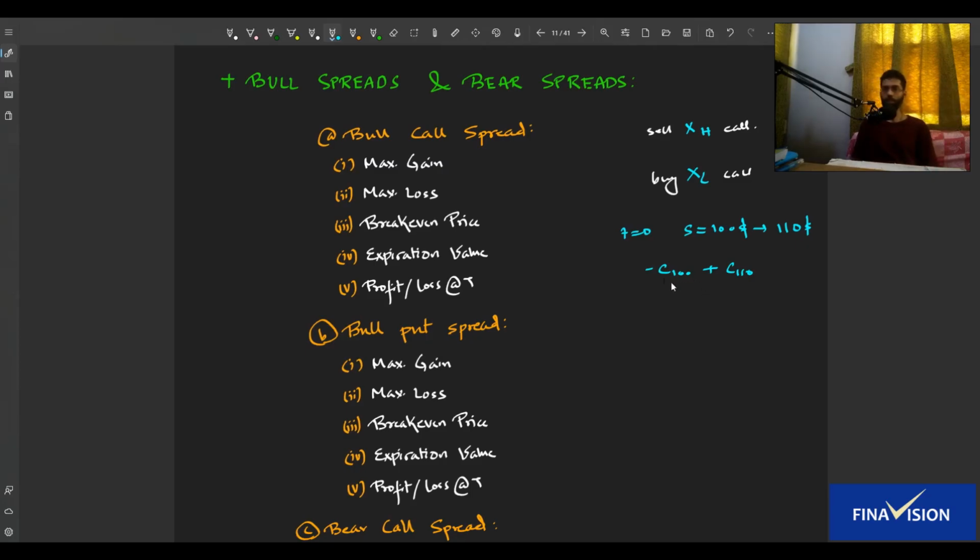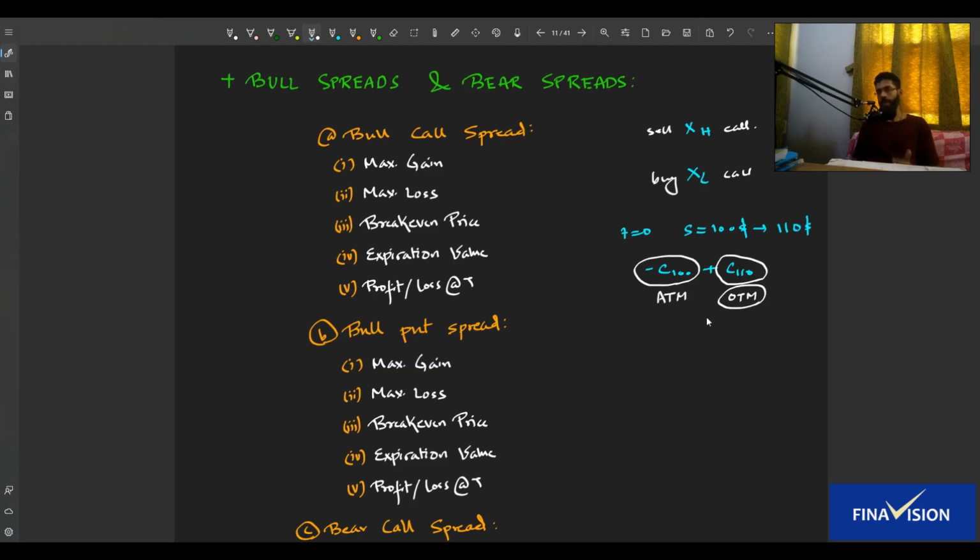So this is the initial cash flow, right? You have bought the call at 100 strike, so there is a cash outflow. You have paid the premium, and you have sold the call at 110, which means there is a cash inflow. Obviously the cash outflow is higher because here the call is at the money, and the premium at 110 is lower because it is out of the money, right?